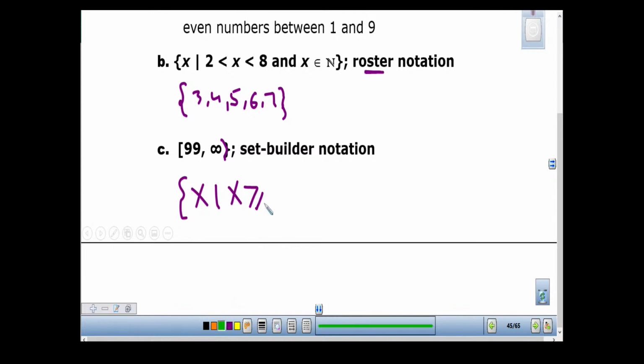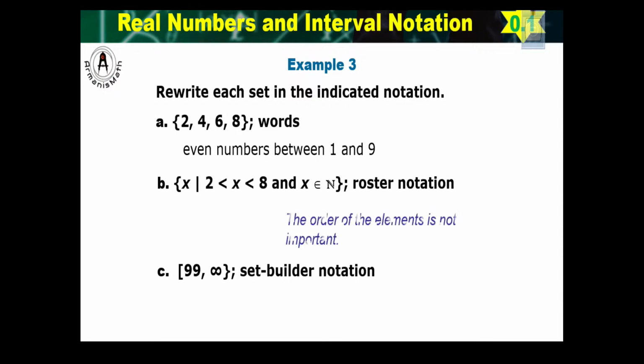Because you really have to include 99, I will go back and do the 99. You could use that curly bracket: x such that x is greater than or equal to 99. That's going to take you all the way to infinity and beyond. Okay, looks good.